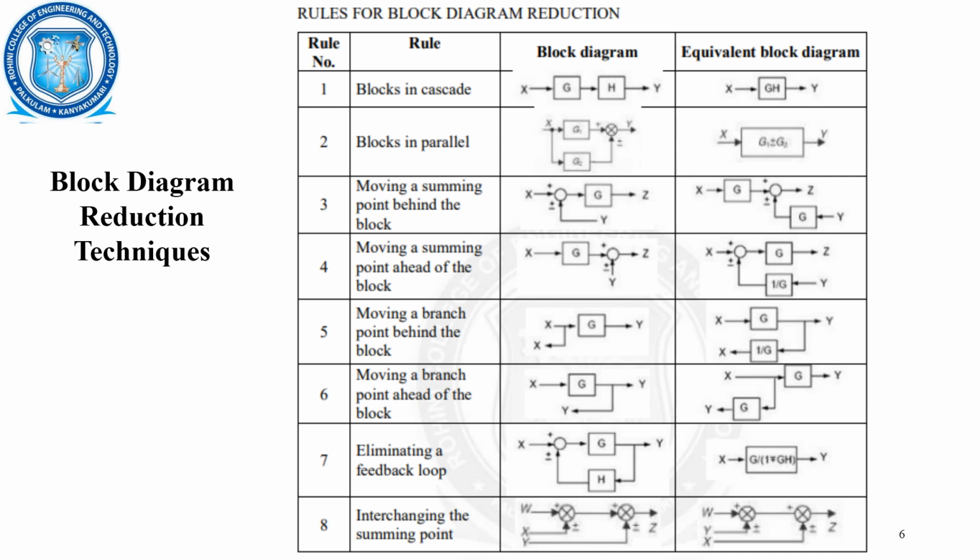So we are moving this summing point ahead of this block. When it is moved ahead, for example, here the input is x, here it is y, here it is g, and here we are getting an output as z. So the main path has to be considered here. We have shifted the summing point here. Here it is x, it is g, the summing point, and it is z.